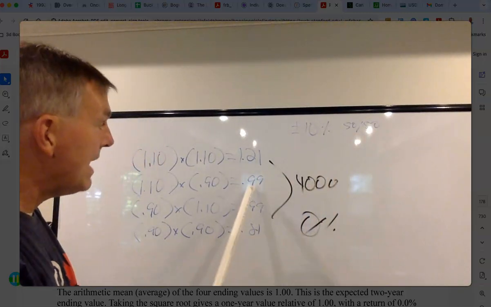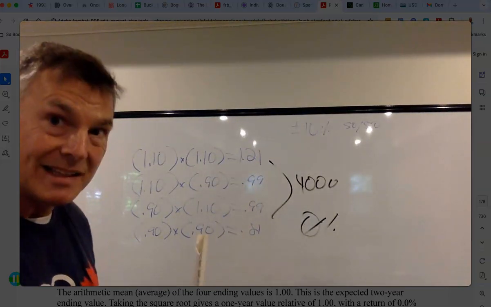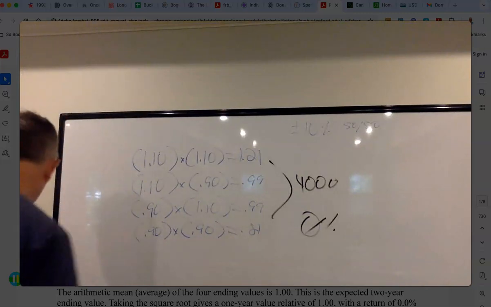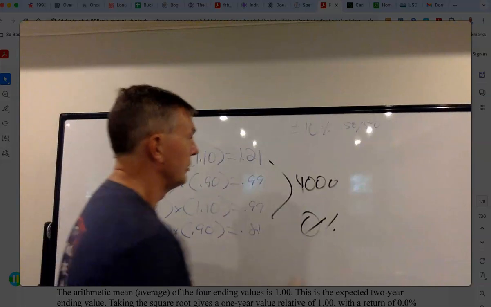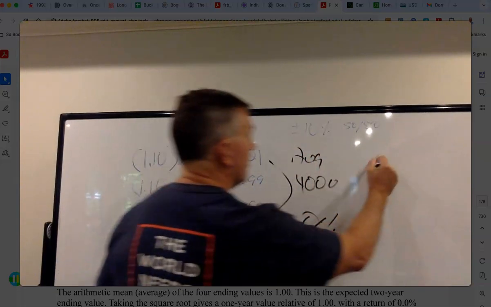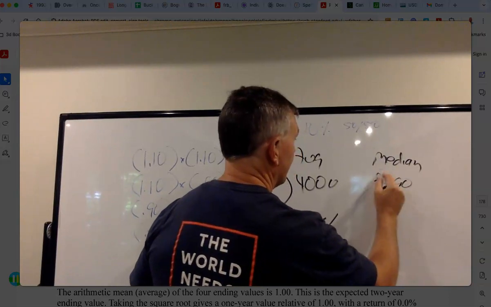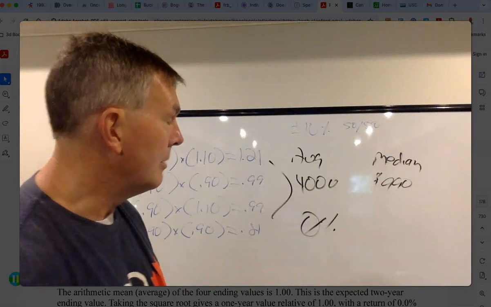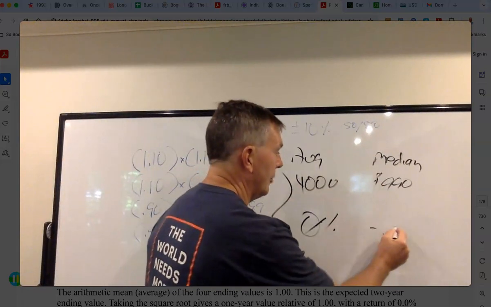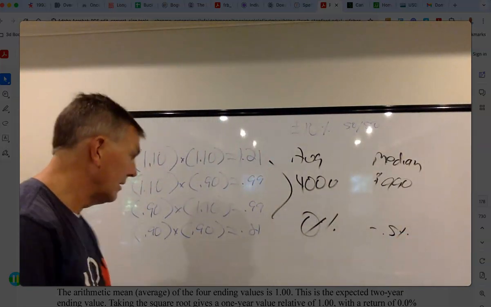The median rate of return here is less than 0, because the median is $990. So this is the average, but the median is $990. Median means half the people have more, half the people have less. And the median rate of return is negative 0.5%. Isn't that interesting?